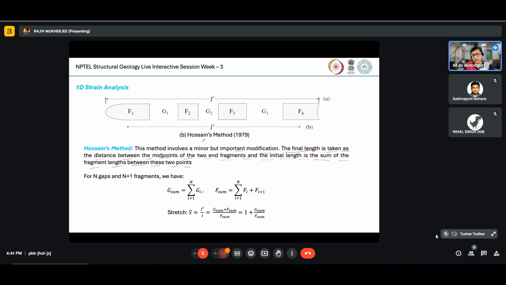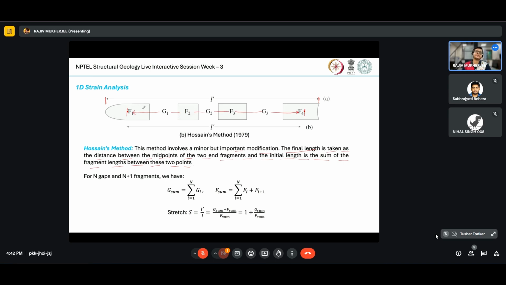This gives you the total length. But Hossain is saying no. In geometry, it is always easier to find a central spot or a midpoint for each of the end fragments. So once you identify these midpoints, you consider the distance in between them, and that is your final length.